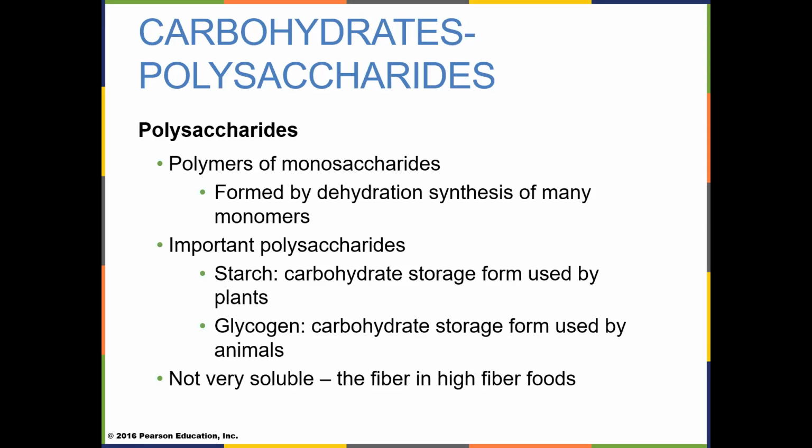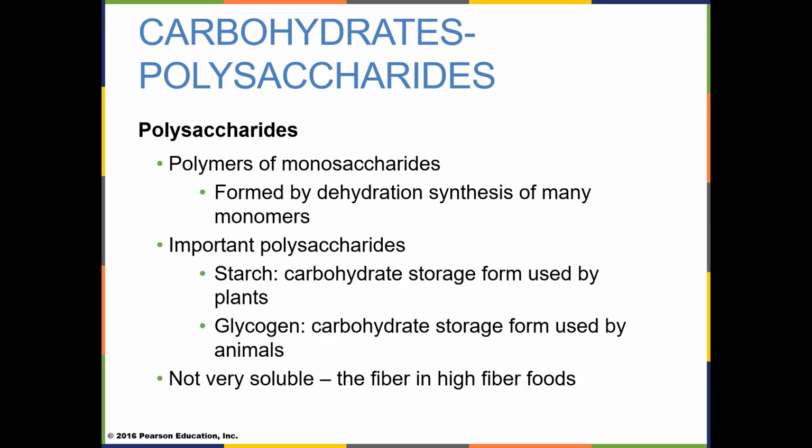If we eat corn, we're eating the stored starch inside the kernels. If we eat an apple, we're eating the stored starch inside the pulp of the apple. That's the stored starch of the plant.